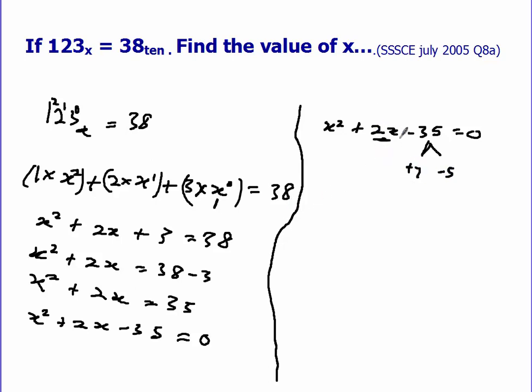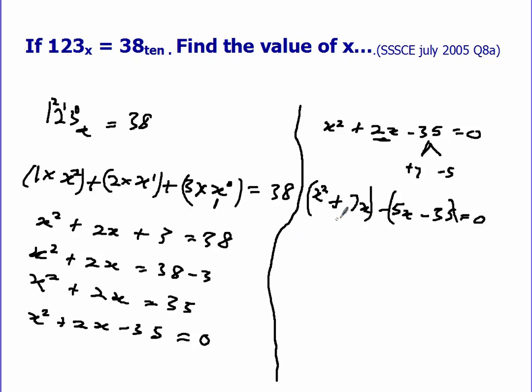So I'm going to substitute these values to replace 2x. Therefore, x squared plus 7x minus 5x minus 35 equal to 0. I'm going to group them in twos like I did earlier on.